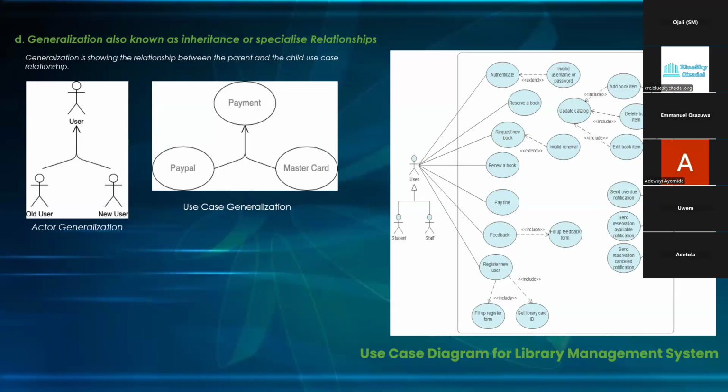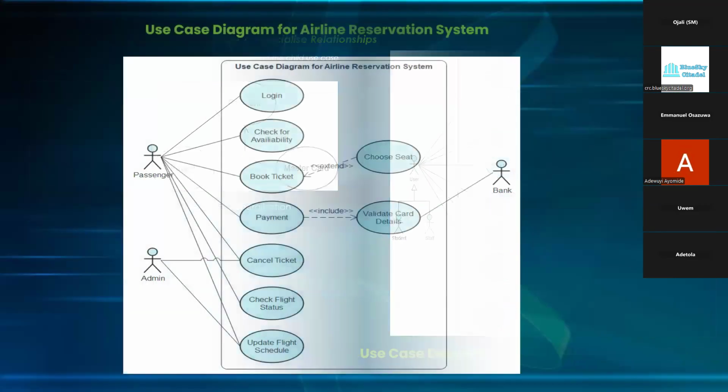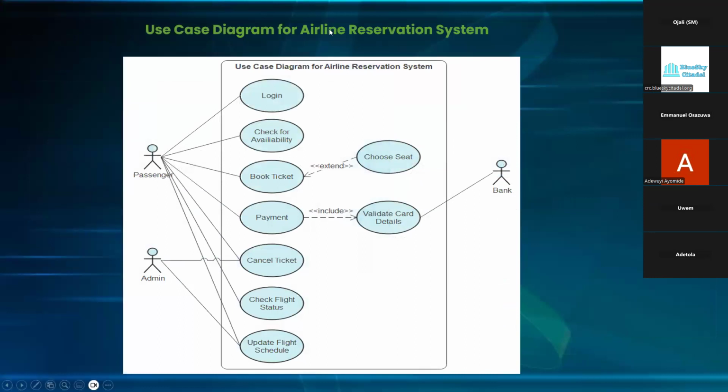So it's more like a parent-child kind of relationship. For example, if I take us back to the previous slide, we have passenger.